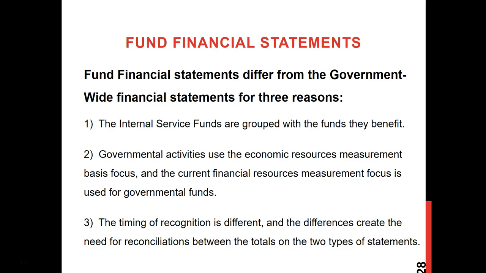Also, the timing of recognition is a little bit different, because the fund financial statement basically focuses on your net changes, when your resources reduced or increased. On the other hand, government-wide is a little different, and that is why the amounts differ. And here they need to prepare a statement of reconciliation so that they can show why the fund financial statement and government-wide statement amounts are different.